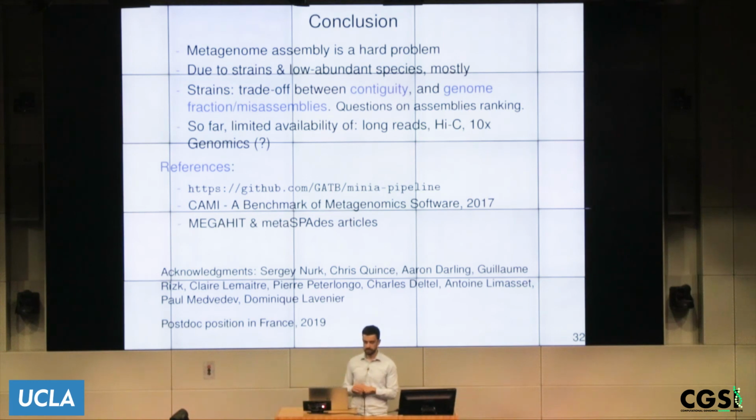That's one of the parts I actually skipped, but it's a side effect. I also note the limited availability of long reads so far. I'm guessing there are some data sets, but not as much as short reads. Some pointers on some references and some acknowledgements. And I just mentioned that if you're interested in doing a postdoc in France, just talk to me. All right, thank you very much, and have a good CJSI.